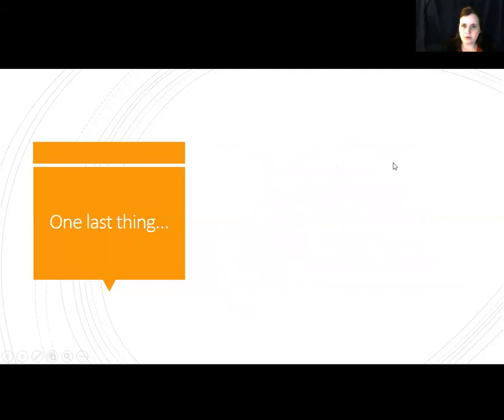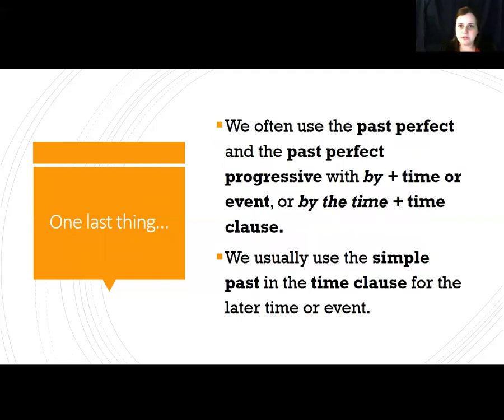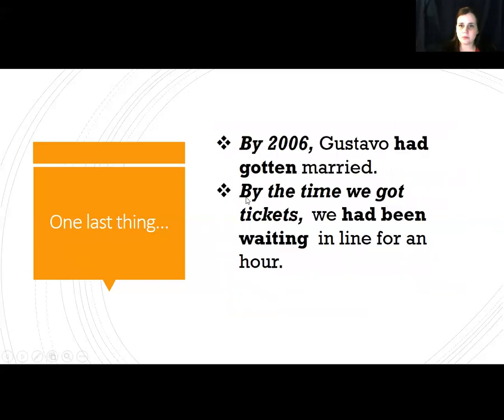So if we go back to our examples, that's our first example of by plus time or event. Next, we're going to have by the time plus time clause. So we have that phrase, and this is our time clause. We got tickets, so that gives us that moment in time. The time is when they were buying the tickets.